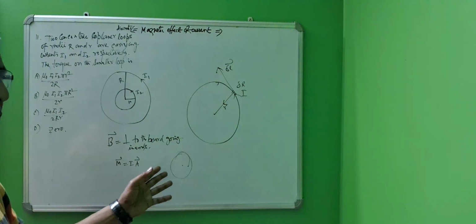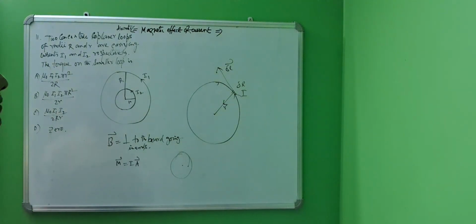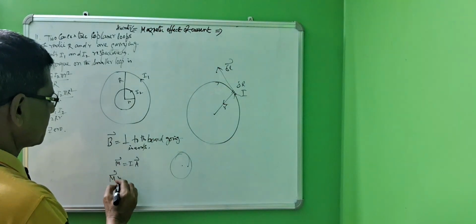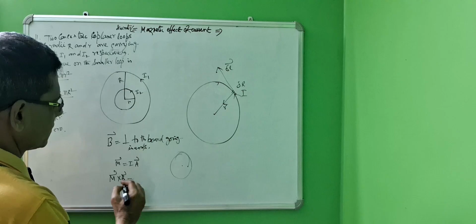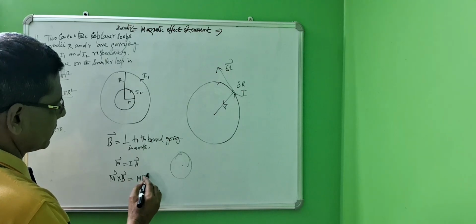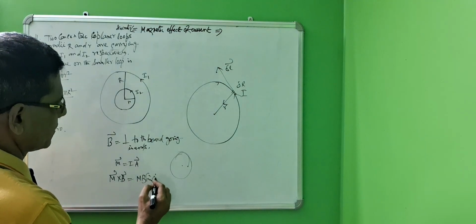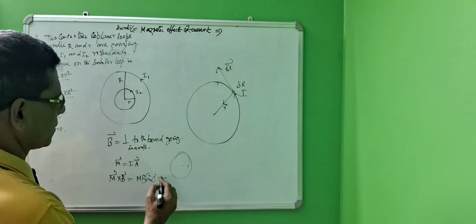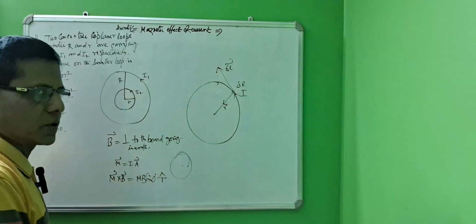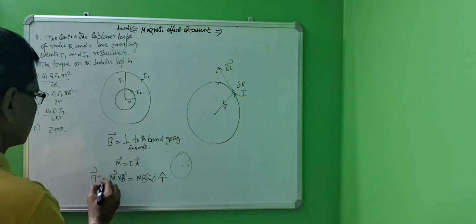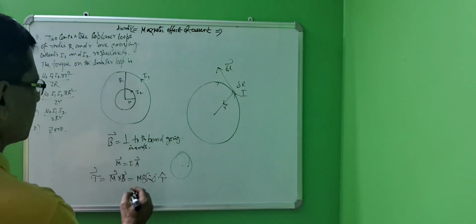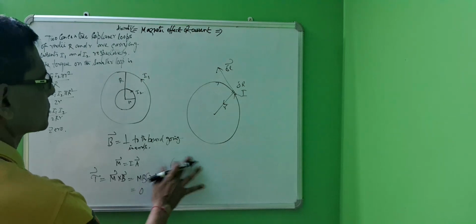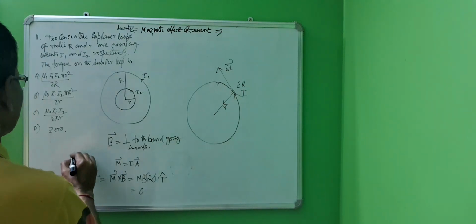The area vector has a direction which is perpendicular to the surface. So M and B, M cross B will be MB sine 0 degrees, into torque tau, MB sine 0 equals 0. So the answer is D.